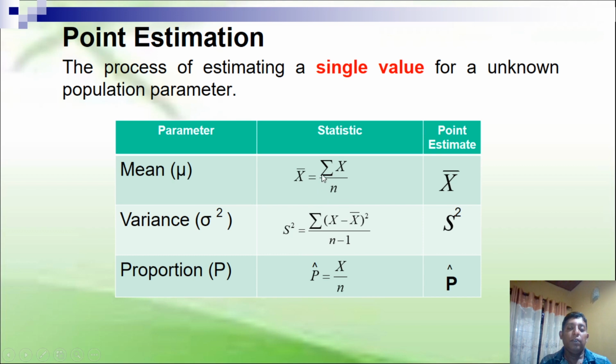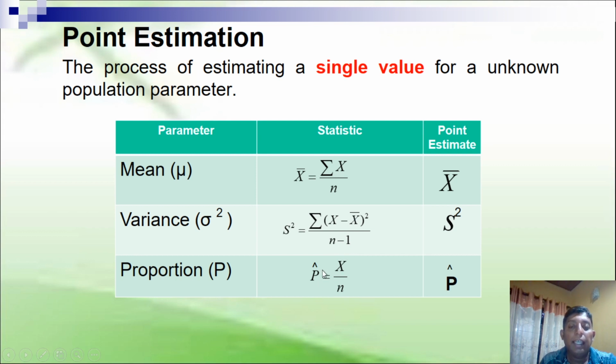Here, when you see these three, you can see a statistic is a function of the sample observations. This is the formula to calculate the sample variance. In the population variance we divide by the number of observations, but for the sample variance we divide the squared errors by the sample size minus 1.